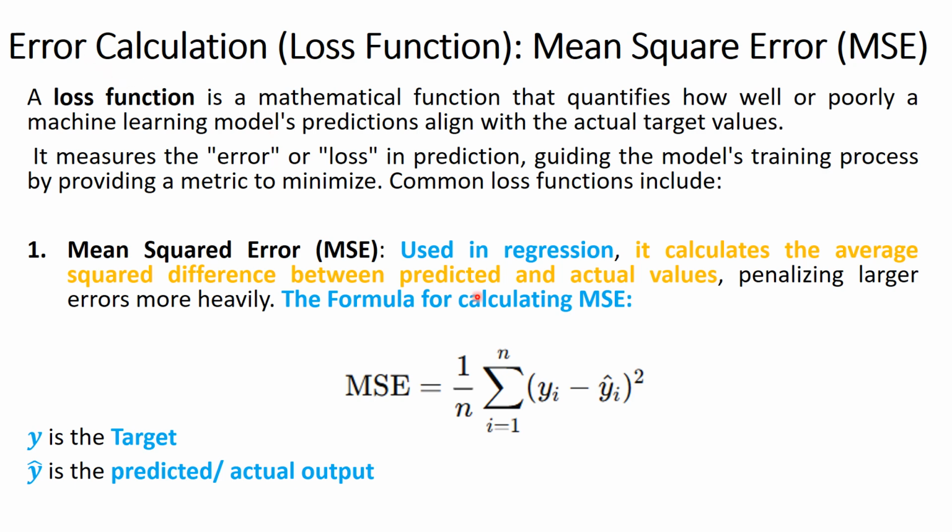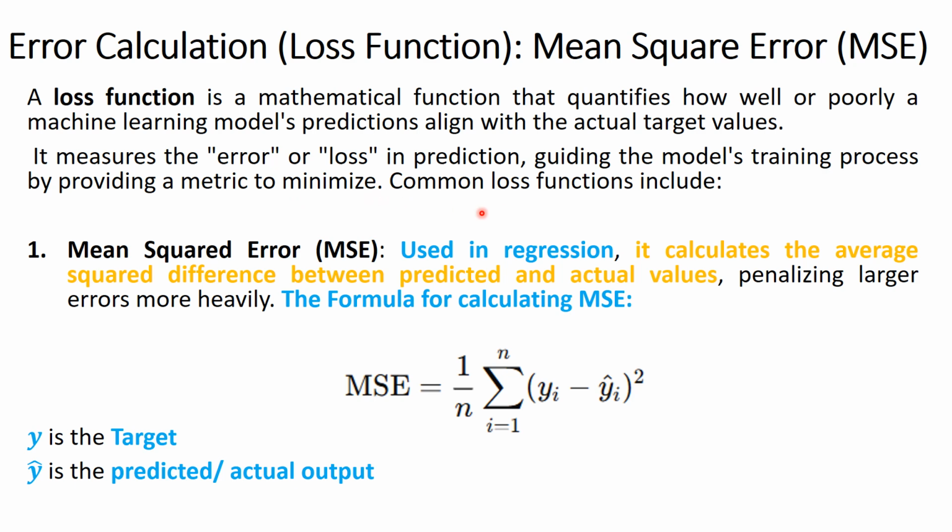It measures the error or loss in prediction, guiding the model's training process by providing a metric to minimize. هي بتقيس الخطأ أو اللوس في البريدكشنز اللي بتقوم بها الشبكة أو الموديل ده بيساعد في عملية تدريب النموذج بإنه بيدي metric to minimize، المترك المفروض to be minimized.